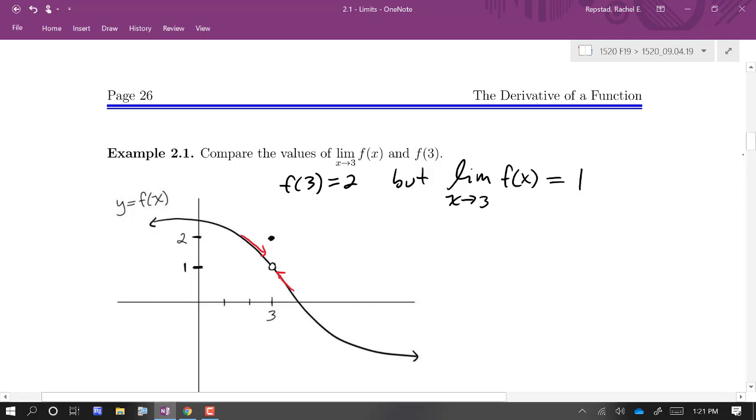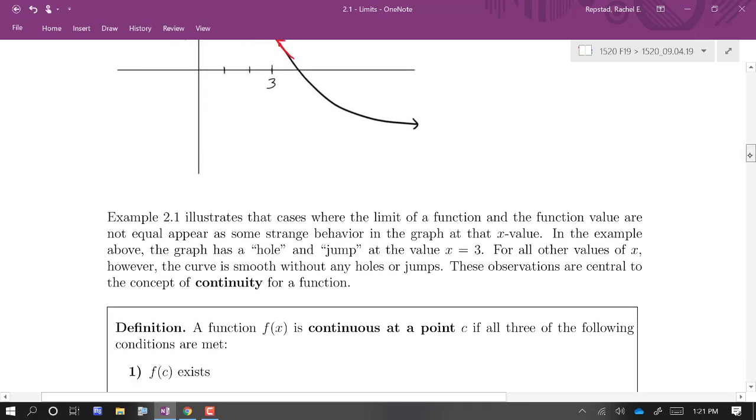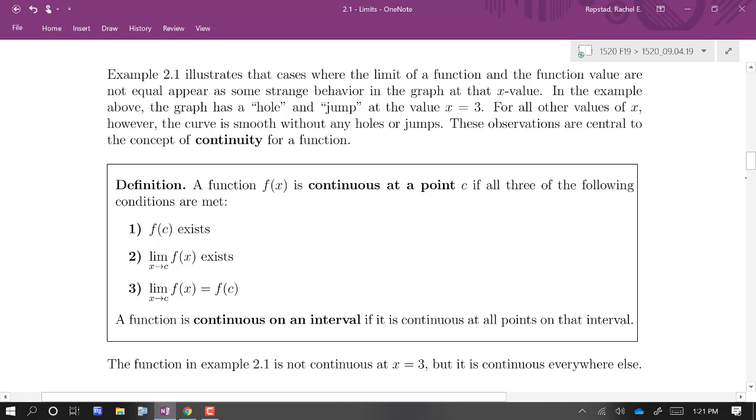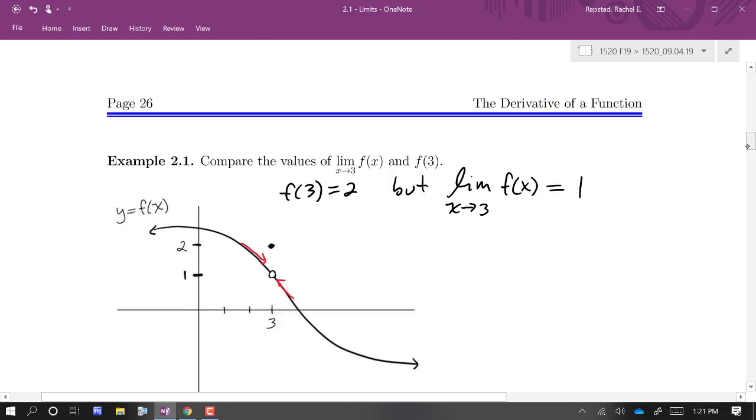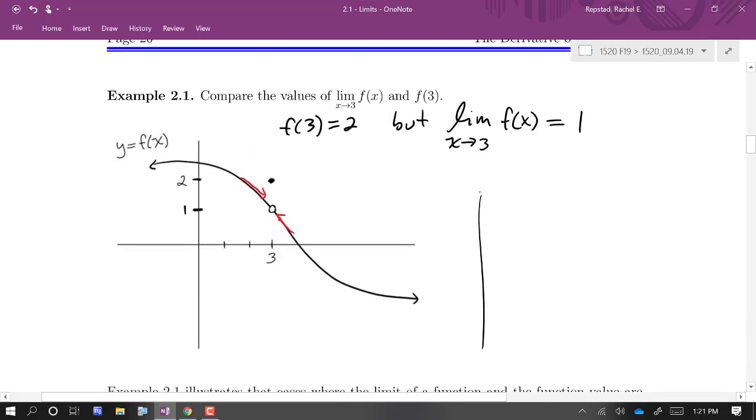The way that the second criterion can fail, where the limit itself doesn't exist, might be something like this. I'll sketch it off to the side. The limit as x approaches c of f of x does not exist.